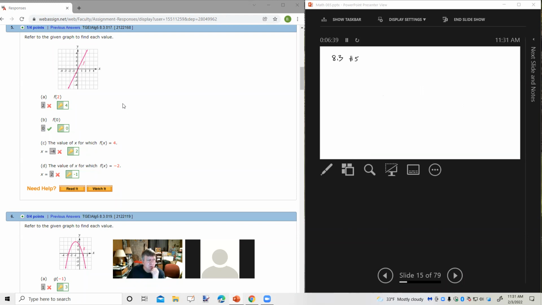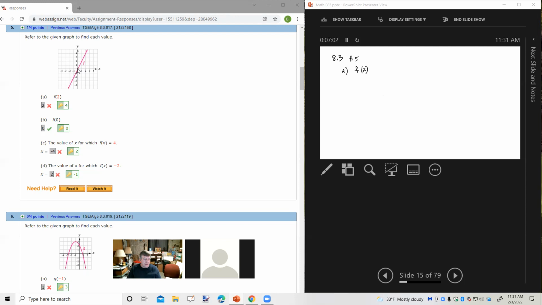Okay, so refer to the graph to find each value. Basically what we're doing here is completing ordered pairs. This first one, part A, says find f of 2. So the input is 2. We want the output of this function, which is labeled f.